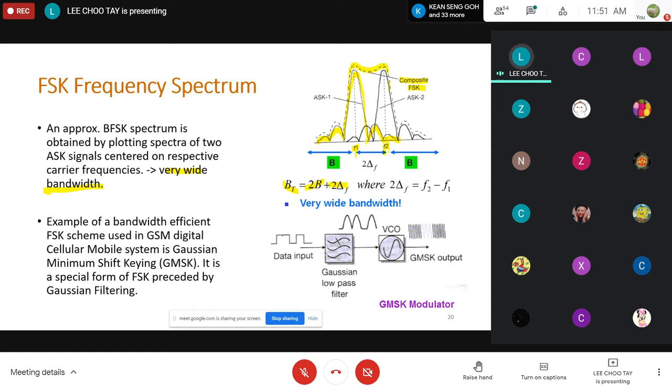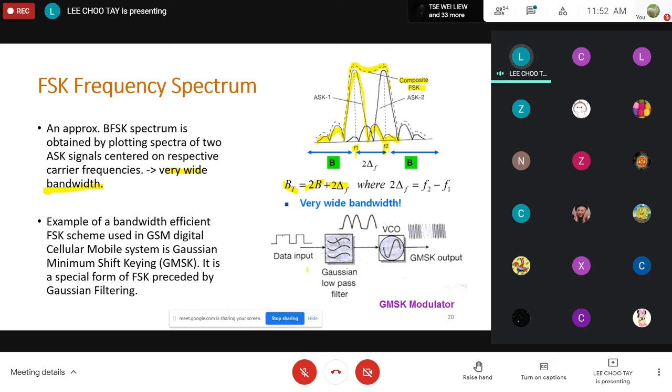If it's too close, then these two spectrum will overlap, and then there is no way for you to identify F1 and F2 at the receiver. You need to separate F1 and F2 at the receiver later on. Why? Because F1 is carrying my binary zeros, and F2 is carrying my binary ones. So these two spectrum must be separated far enough so that they do not overlap and give you a wrong interpretation at the receiver later on.